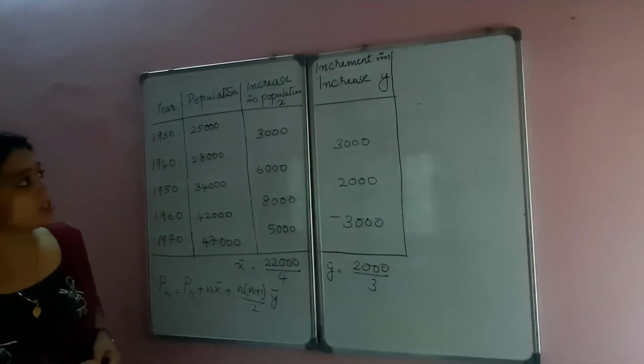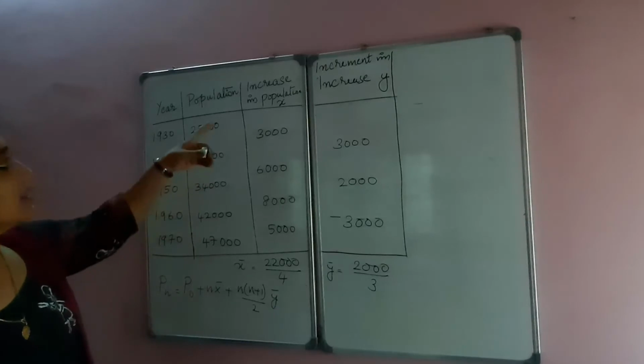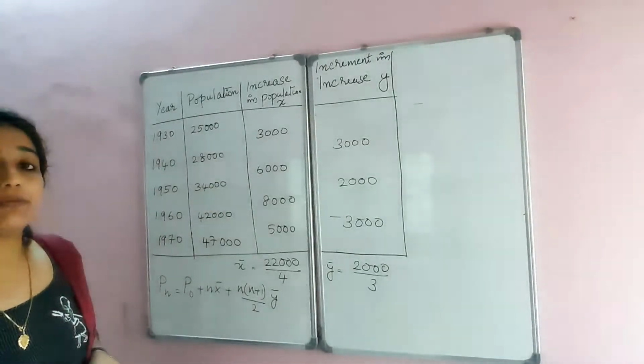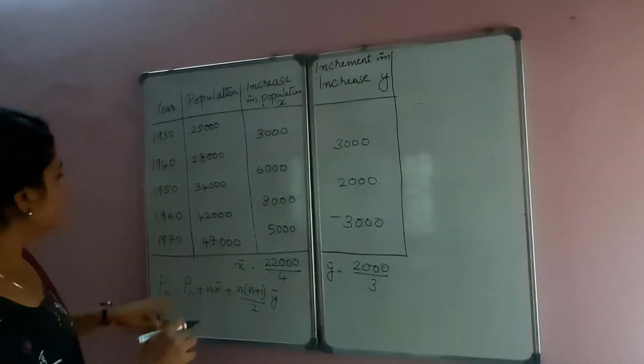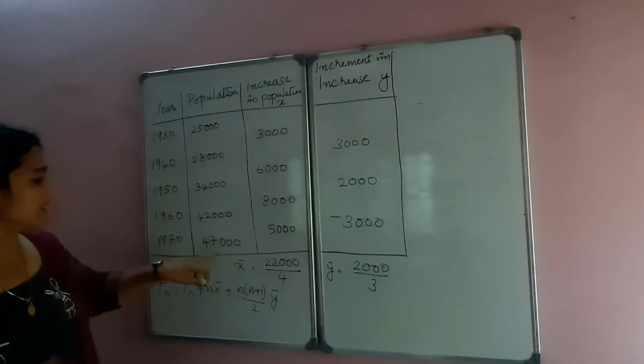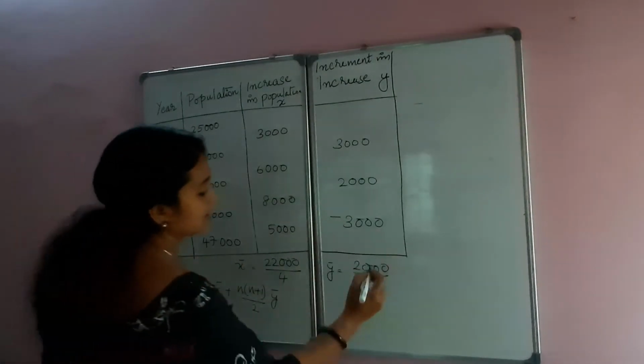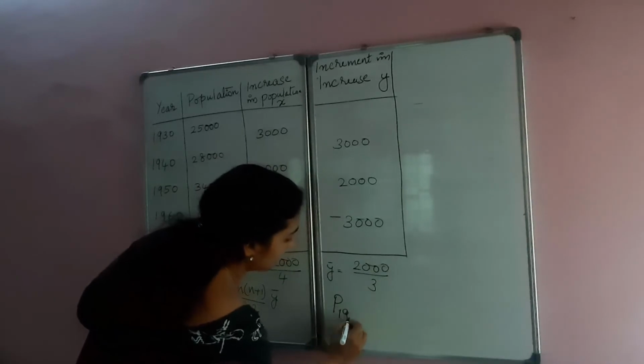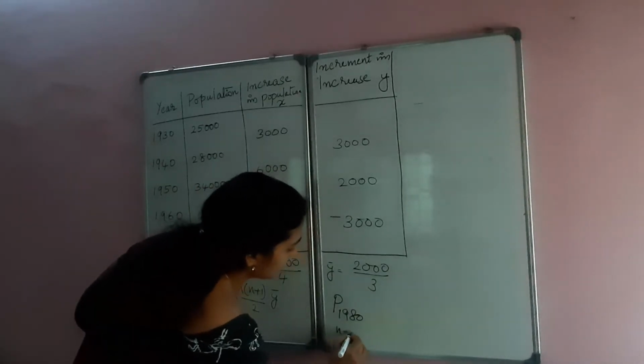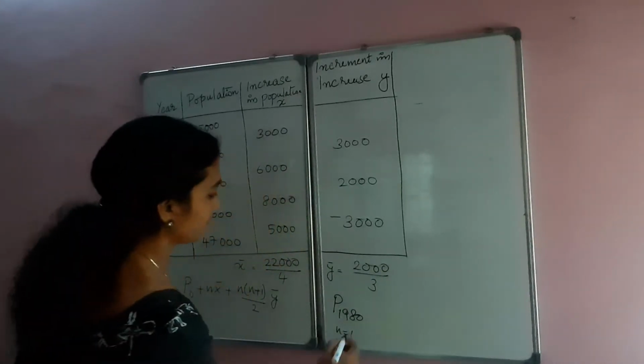Then in which year do we have to calculate the population forecast? We already have up to 1970. Then we have to get P1980. Here n is equal to 1.